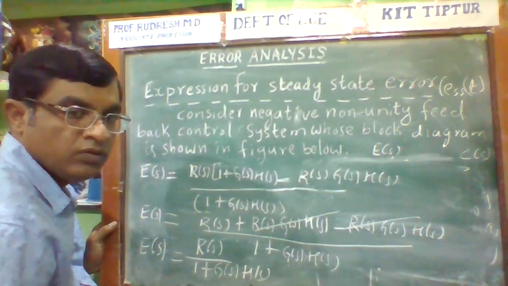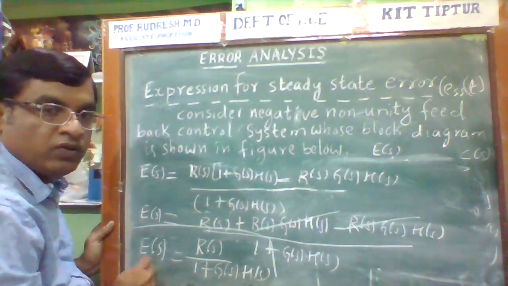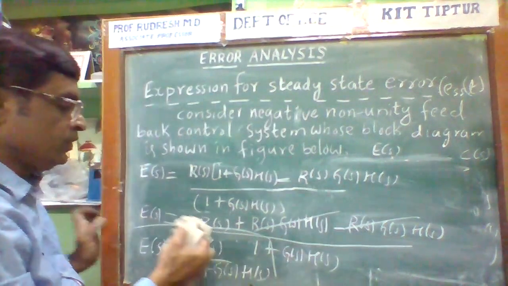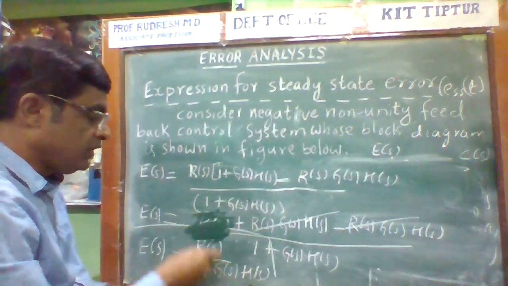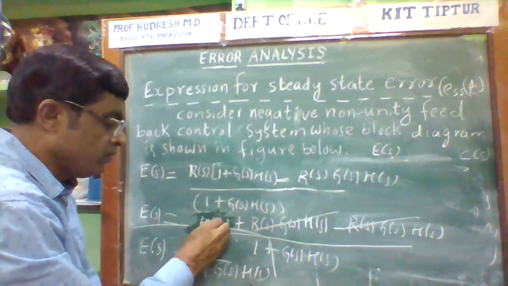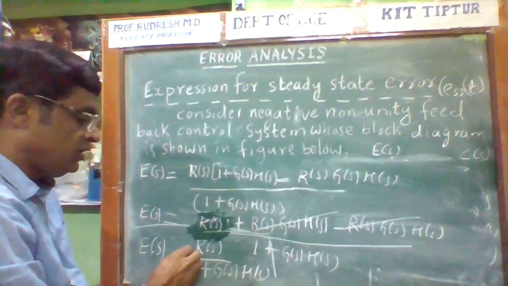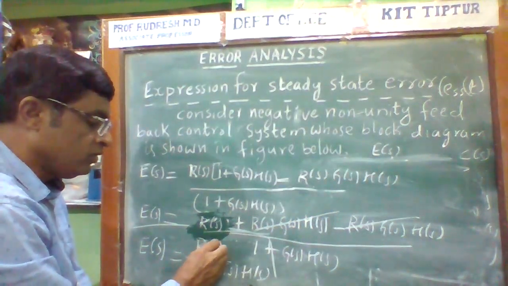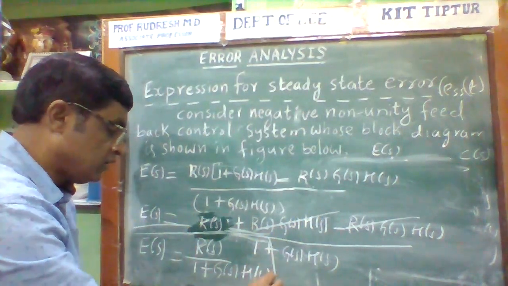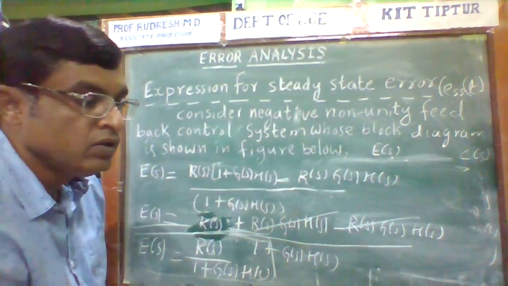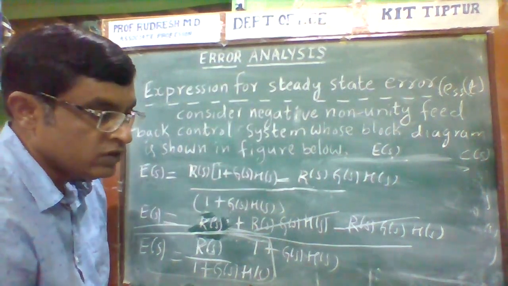The remaining term is R(S) here, and this can cancel, so the denominator stays and the numerator is R(S). This is the expression for the actuating signal.